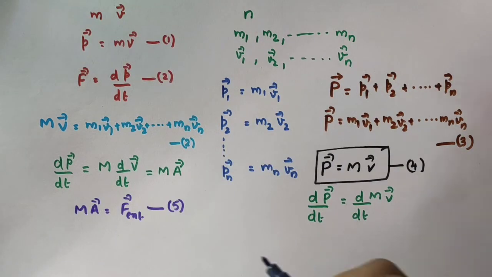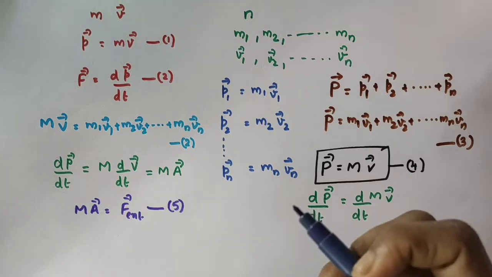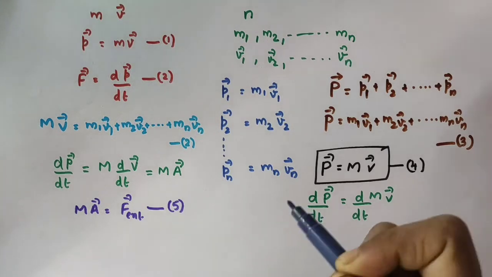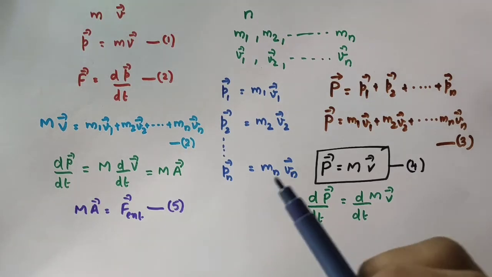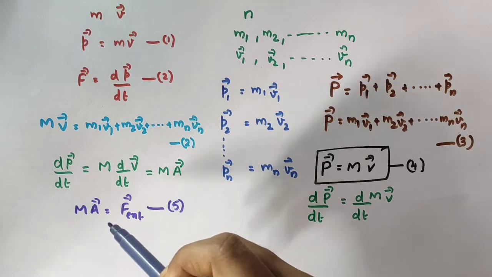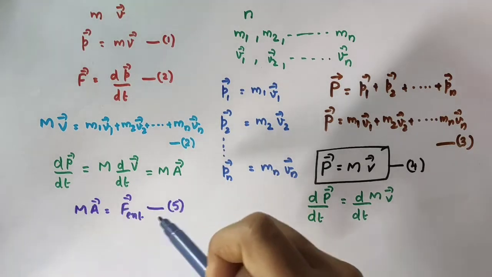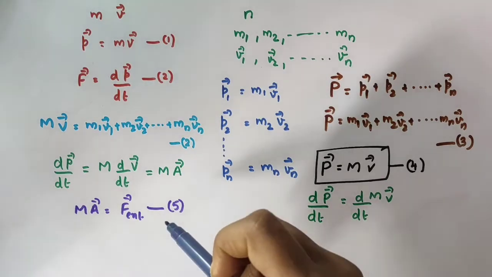In our previous video, we discussed the motion of center of mass. I will provide the link in the description box; if you want, you can watch that. While discussing the motion of center of mass, we got the equation m into vector A is equal to vector F external, that is, the external force, and this was equation number 5 in our previous video.